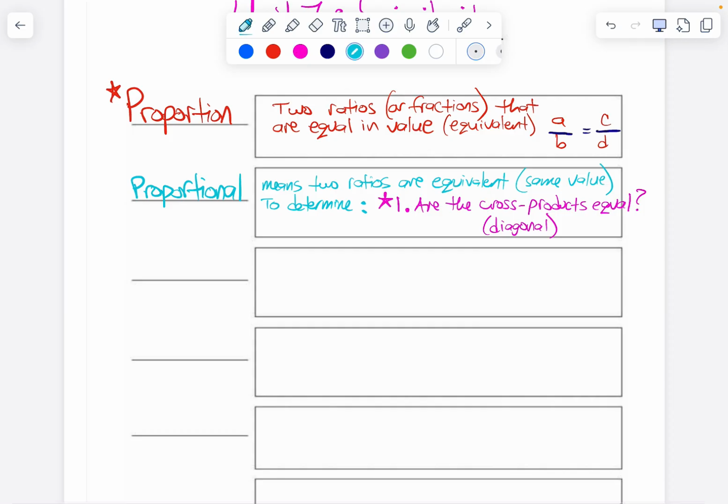So let's put a couple more methods in here. Are the quotients equal? The quotients being that we divide top by bottom.